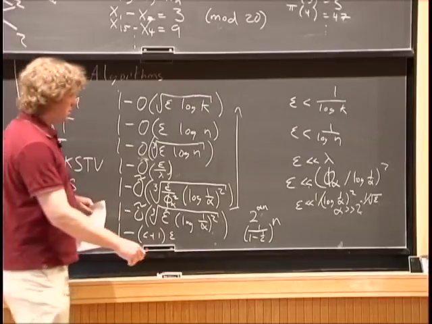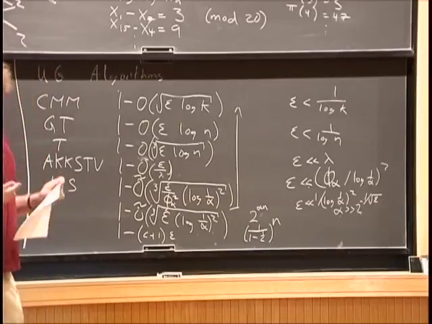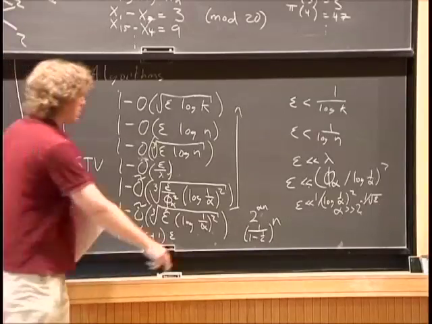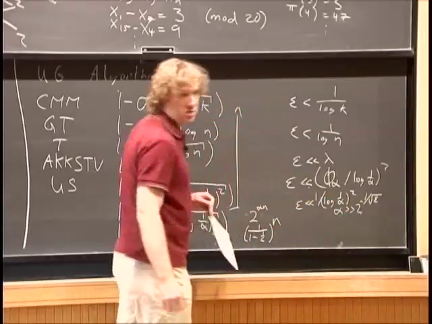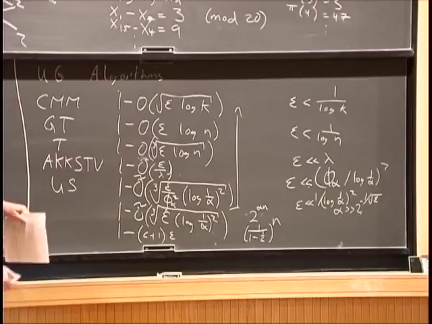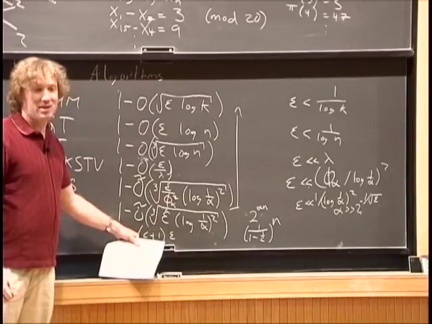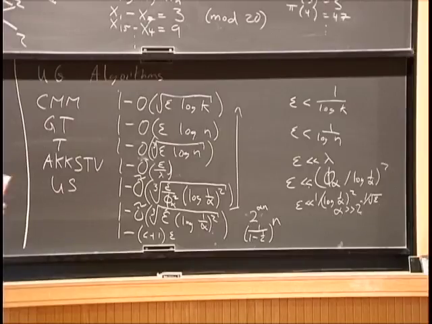While here you'll get 2 to the epsilon n, here you get 2 to the alpha n, where alpha is exponentially smaller. So here we can be quite content thinking of c to be 2, or 3, whatever, some small constant. And we don't really need anything more out of that last algorithm.